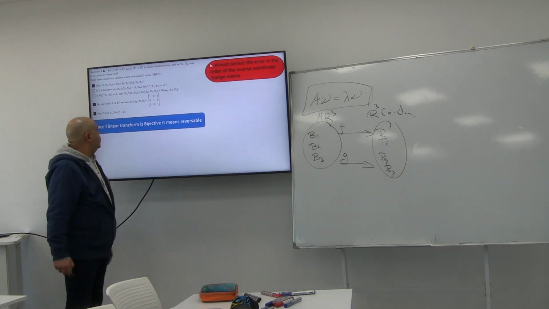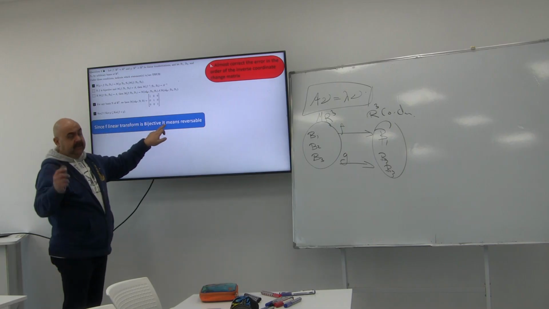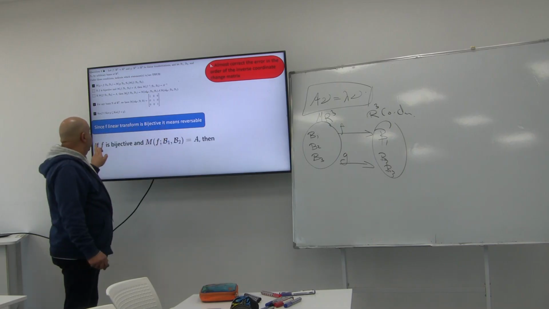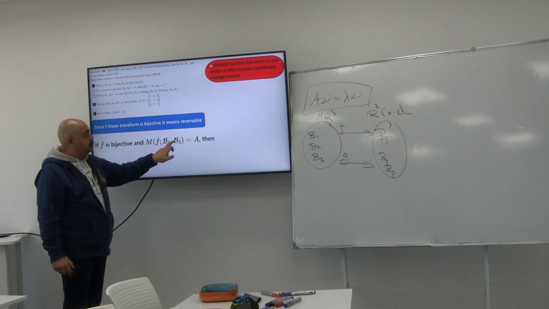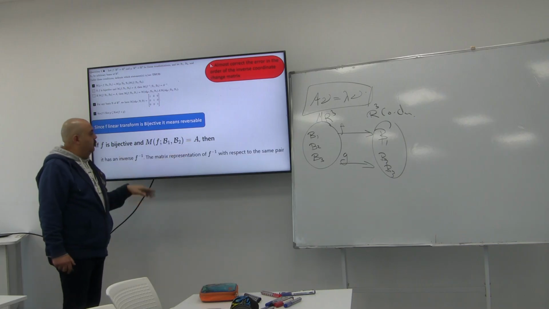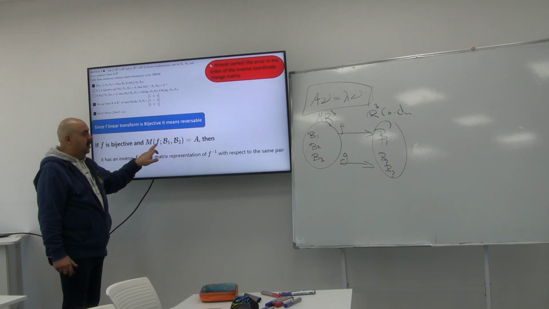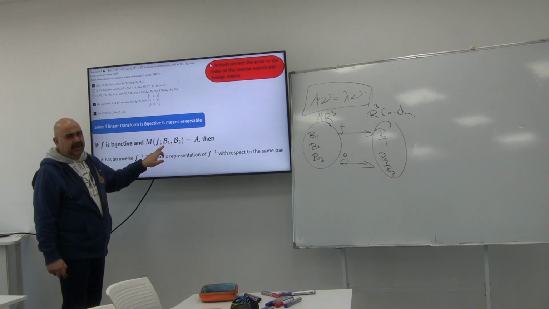Let's see. Since f is a bijective linear transform, it means it is reversible, as I told you. Okay, f is bijective, and we are moving from B1 into B2. Once you start making the inverse, I will have f minus 1, and I will be moving from B2 into B1. This is very, very tricky. I need your focus on this.